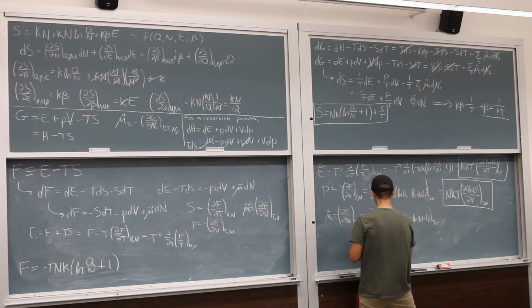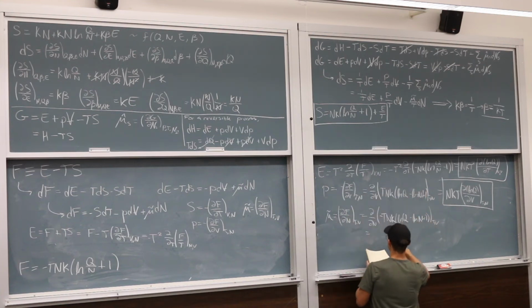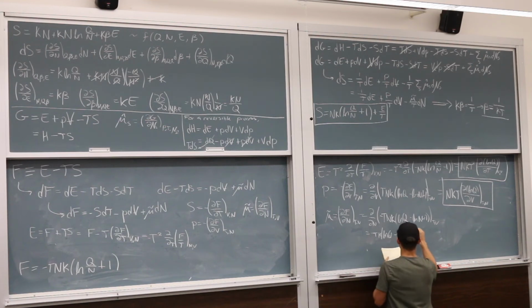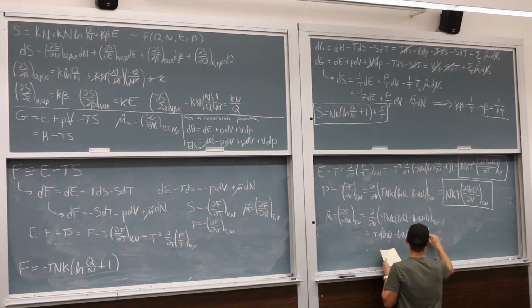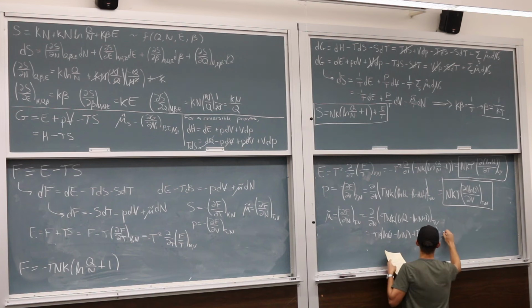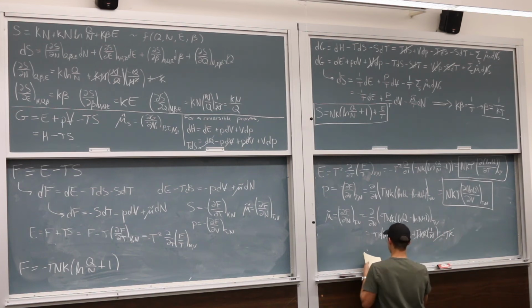This is minus K T natural log of Q minus natural log of N, plus T N K times 1 over N. From the plus 1 here you also get a minus T, so these cancel, which makes this term outside cancel.